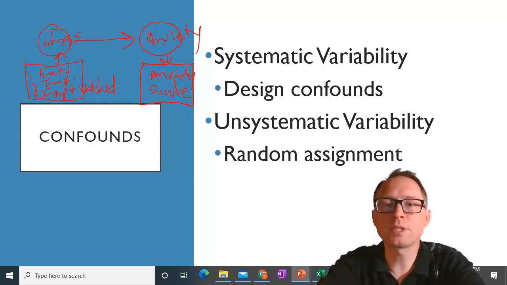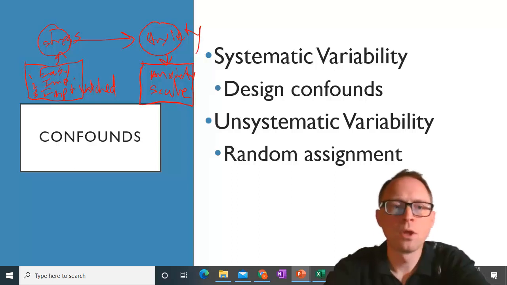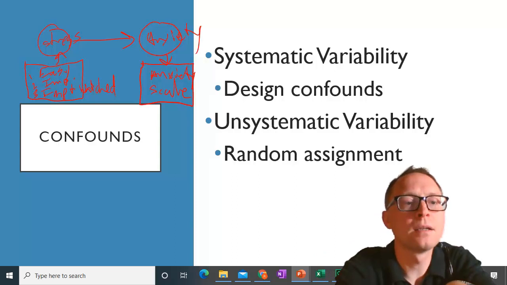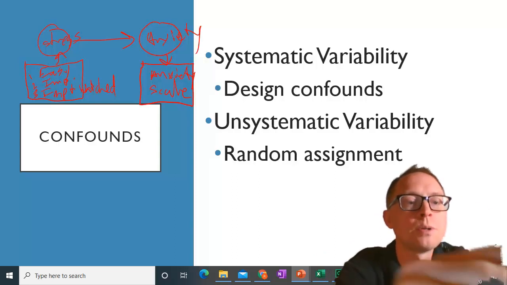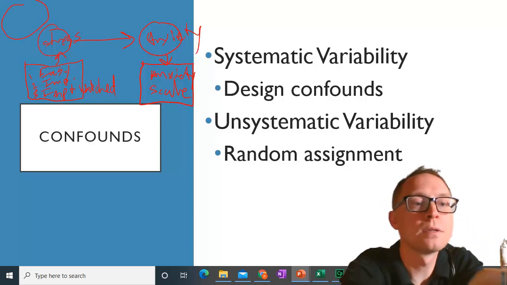When we give them the impossible test, we just give them a cracker. When we give them impossible plus being watched, we don't give them anything because we want to make sure they're really stressed. Well, the problem is if you did that, besides manipulating stress, you are also potentially manipulating something else, like blood sugar.